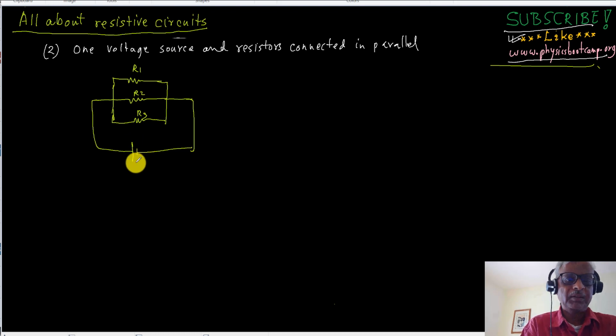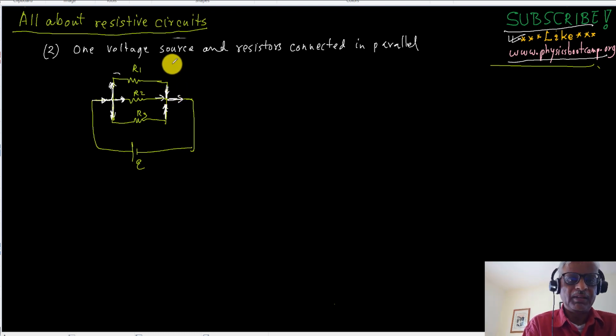A circuit like this is called resistors connected in parallel. Why do we call it parallel? It looks parallel, right? That's one way to say it. But even if they didn't look parallel, it will still be parallel as long as the current coming into this structure is dividing up into 3 branches here, and then those same 3 branches are joining again.